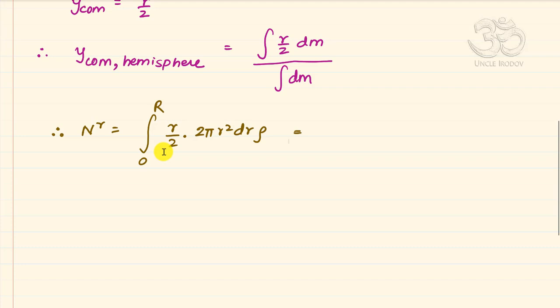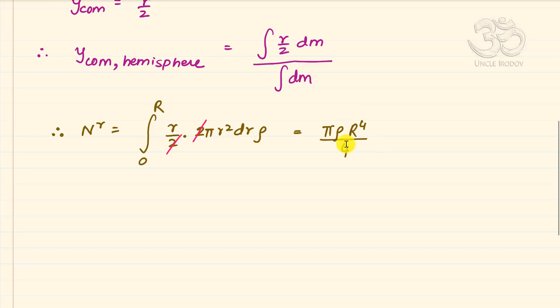So 2 and 2 cancel out, and then you will have pi and rho going out, and you will have small r cube dr, so that will give you small r power 4 by 4. When you apply limits, it will be big R power 4 by 4. That is what you will get for the numerator.